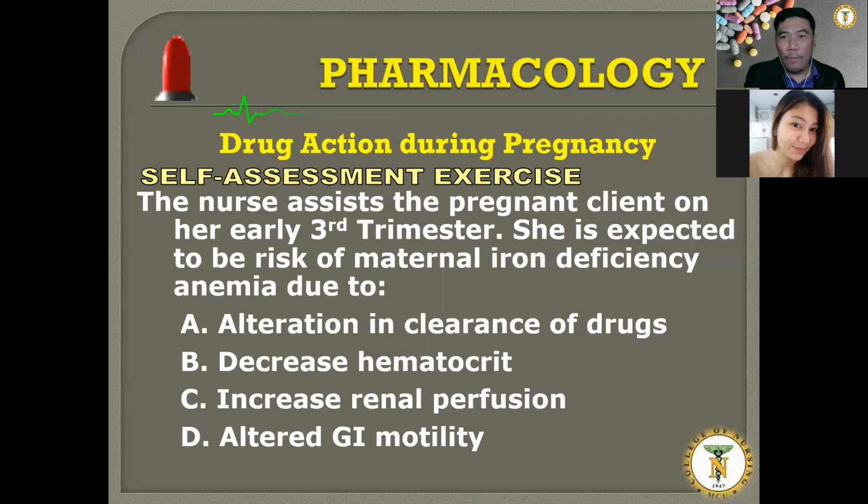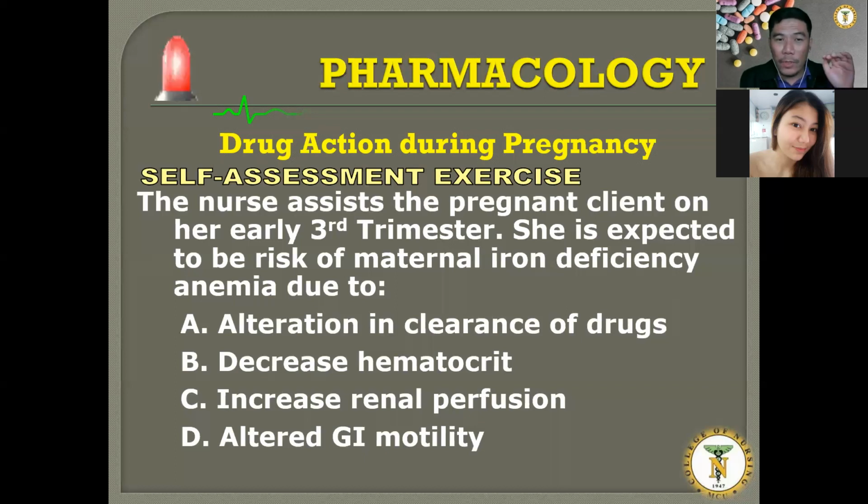tract. So we do have only letter B and letter C. But having a close answer towards the cause of maternal iron deficiency anemia, from the term itself anemia, we will connect it with red blood cell. And under the red blood cell, we have hemoglobin and we have hematocrit.